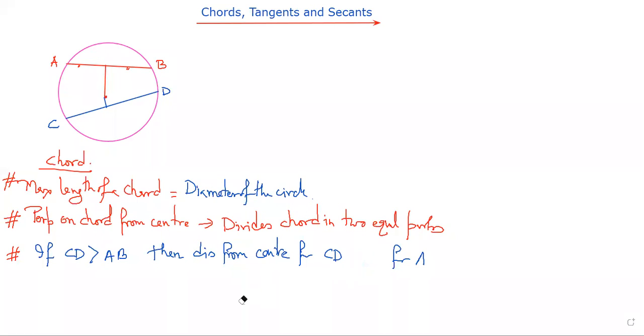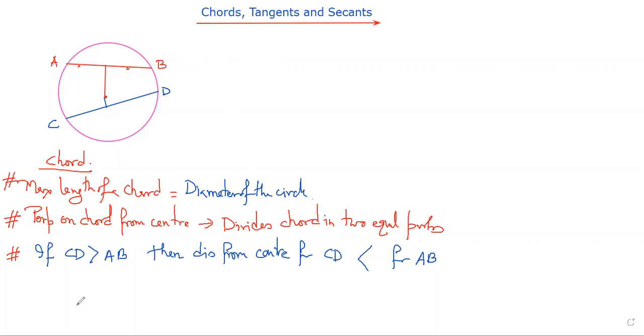It should be less than for AB. That means inversely proportional. The length of the chord will go on increasing if it is coming closer to the center. And the interesting point is it always divides equally. So this is the concept of chord.